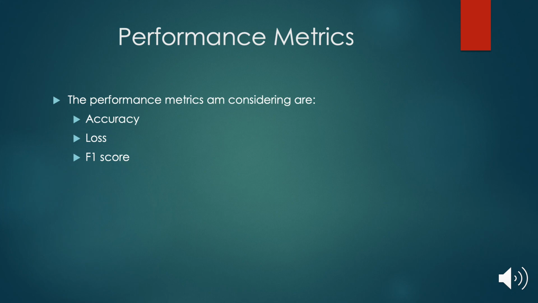Coming to the performance metrics I'm considering are accuracy, loss, and F1 score. One of the challenges of this computation is strong data imbalance. Some classes like nucleoplasm are very common, while there are some classes like endosomes, lysosomes, and rods and rings which are rare.